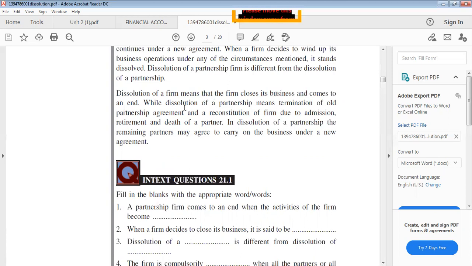While dissolution of a partnership means termination of an old partnership agreement and a reconstitution of the firm due to admission, retirement, and death of a partner.